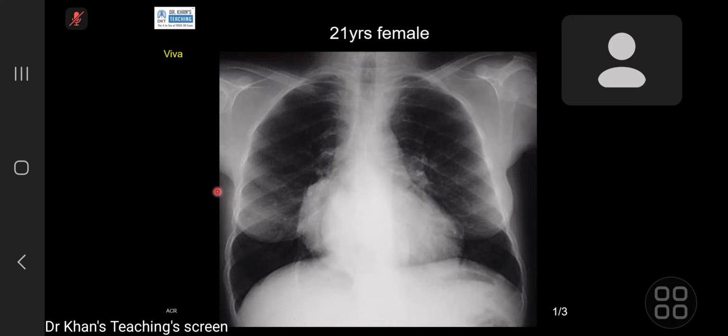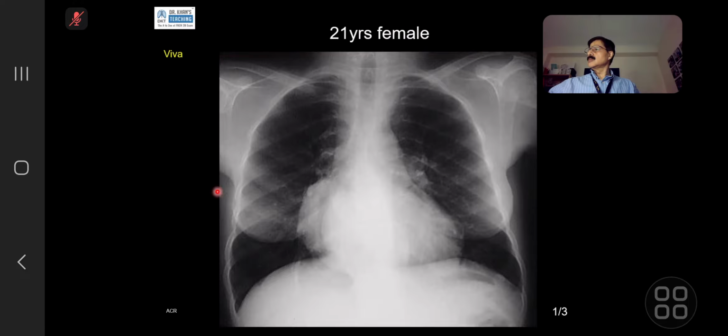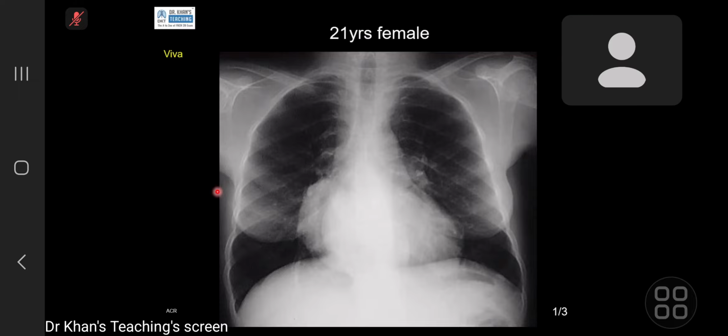There is also a retrocardiac mediastinal lesion, a mass, posterior also because of the overlap; the cardiac border could be seen. This is maybe extramedullary hematopoiesis with expansion of the bone of the ribs.